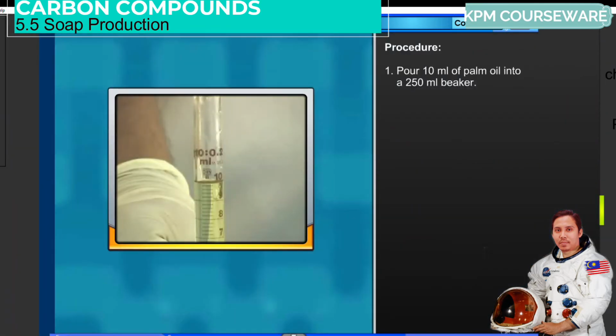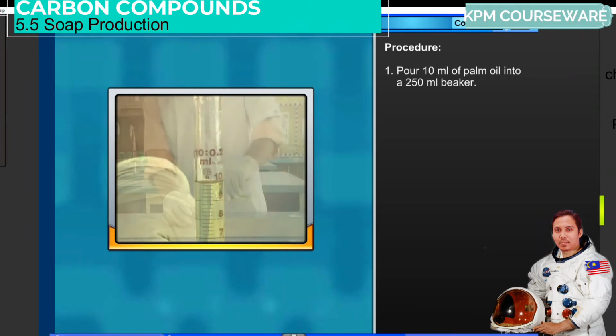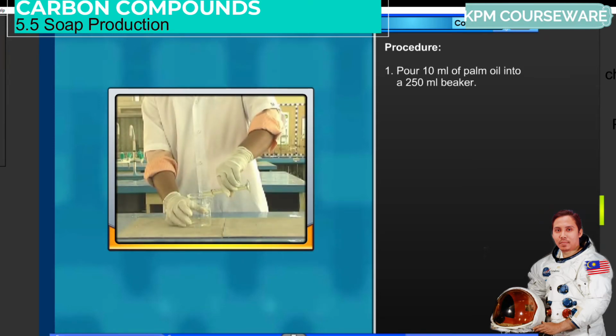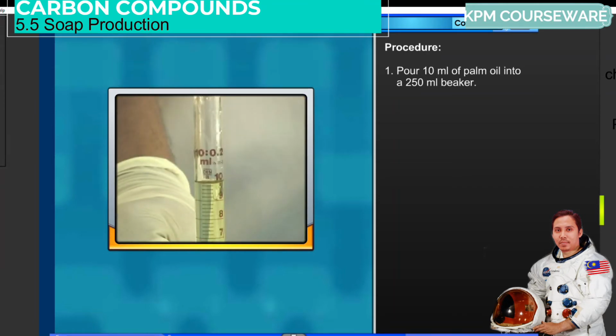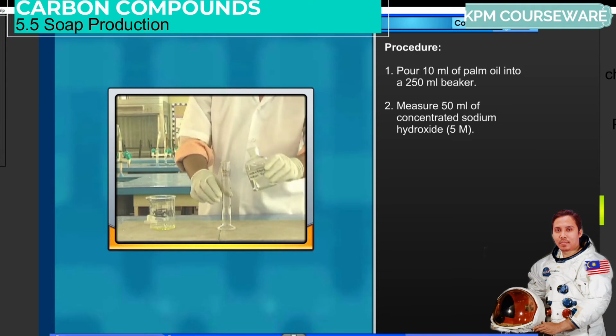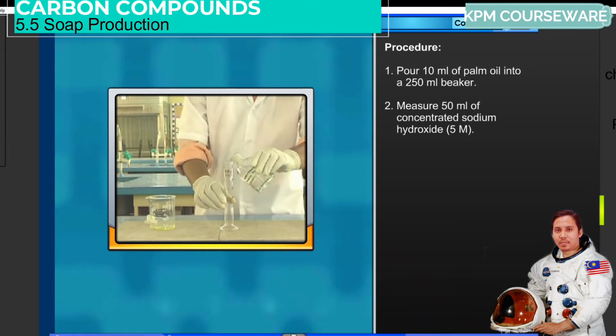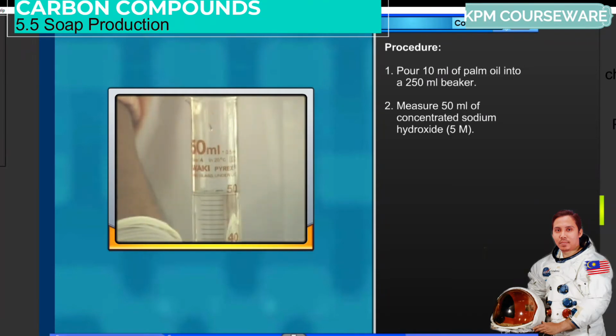Follow this procedure. Pour 10 milliliters of palm oil into a 250 milliliter beaker. Measure 50 milliliters of concentrated sodium hydroxide, 5 M. Handle it with care.